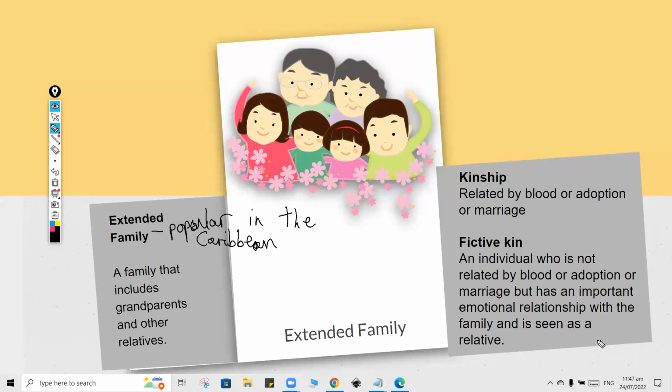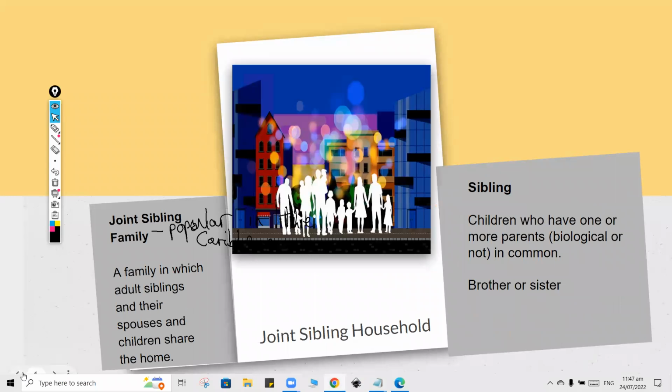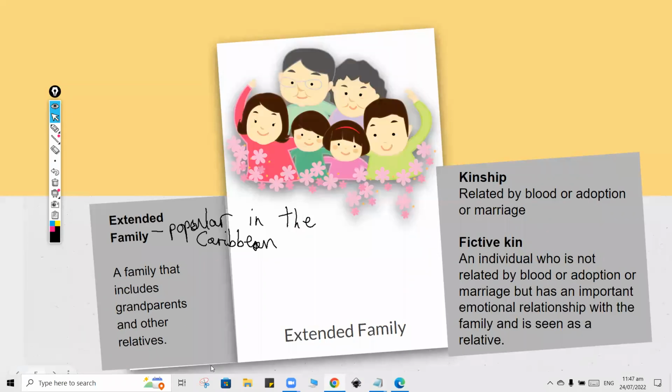It means that it's a family that includes grandparents and other relatives. By a family, we mean parents and children. Now it has to have grandparents. It has to have different generations.